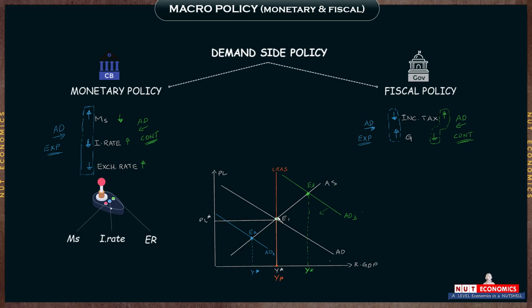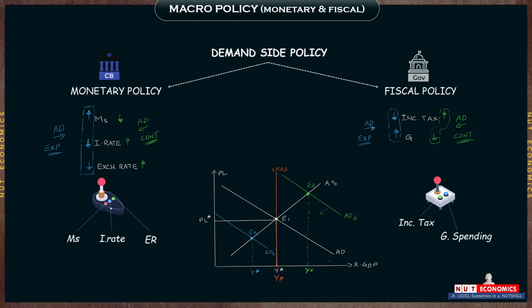And similarly, the remote control of fiscal policy has 2 buttons, one controlling the income tax rate, the other controlling the government spending. And playing around with these instruments, increasing or decreasing them, the government also tries to either increase or decrease the aggregate demand depending upon whether you are above or below potential.